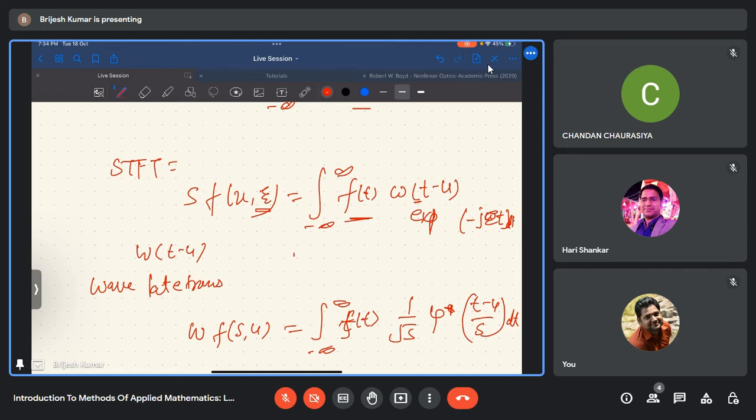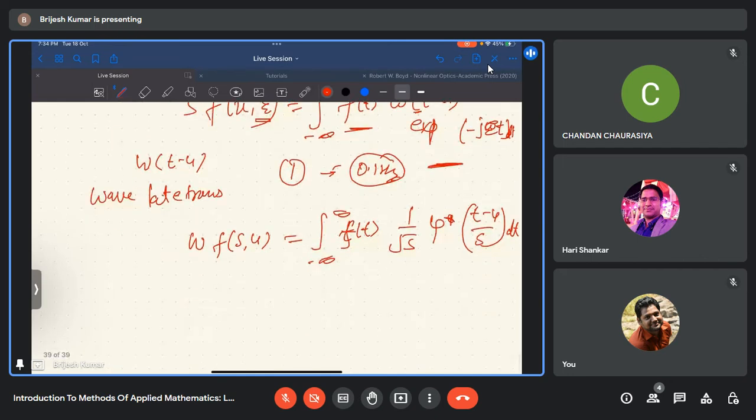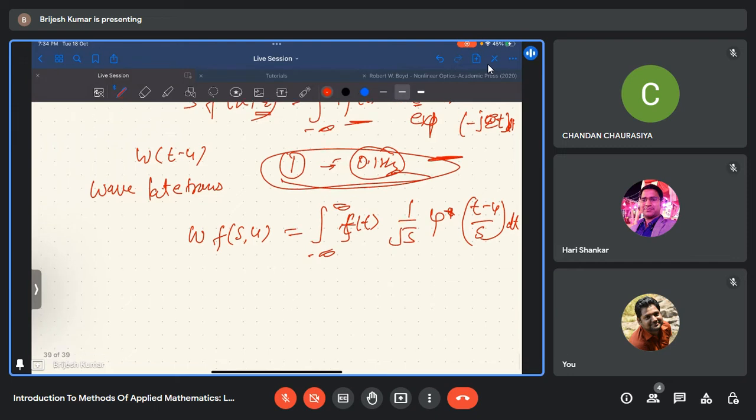So suppose the window size is 1 second, and there is a signal with frequency 0.1 hertz. Then the data extracted in 1 second looks like flat DC, because the frequency is very low. But the wavelet transform overcomes this problem.